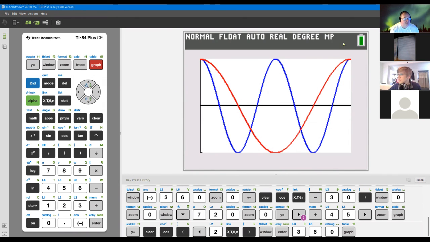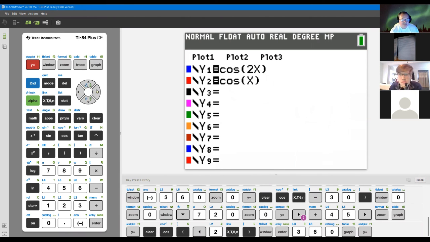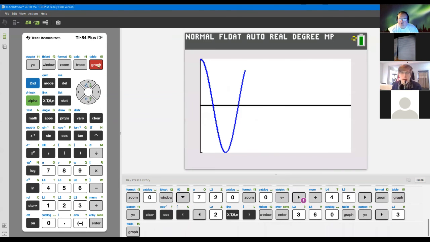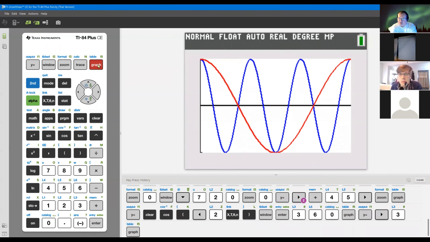So if I did the cosine of 3x, what I should expect to see is the same basic cosine shape, but a lot more compressed, in such a way that you get 3 cosine shapes inside that window. So here goes. Trust me, that's 3 cosines' worth. So that is a horizontal compression.